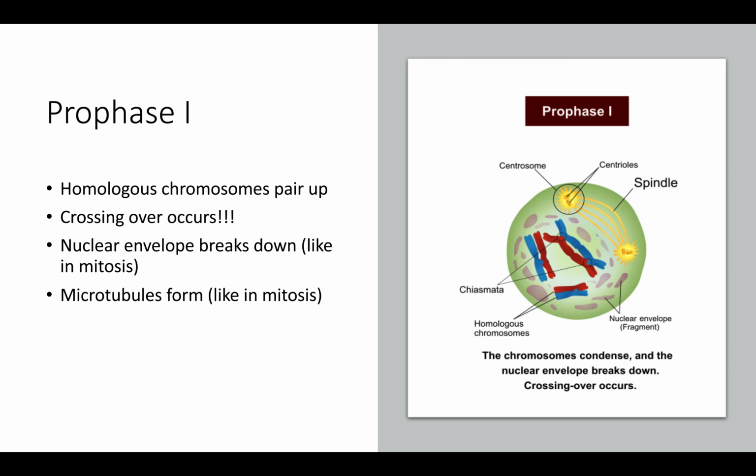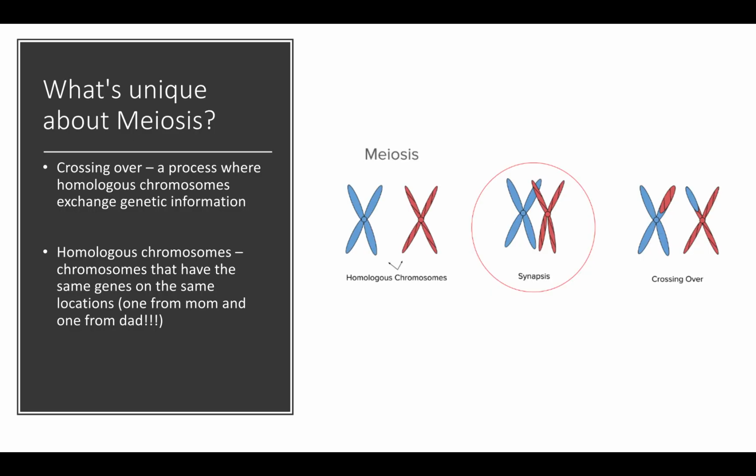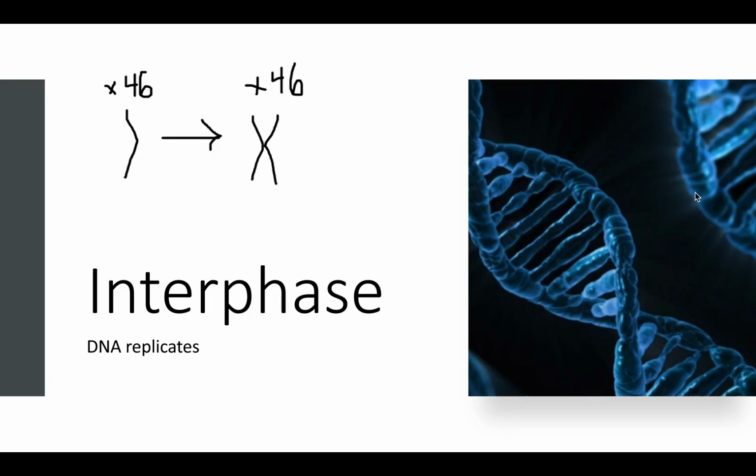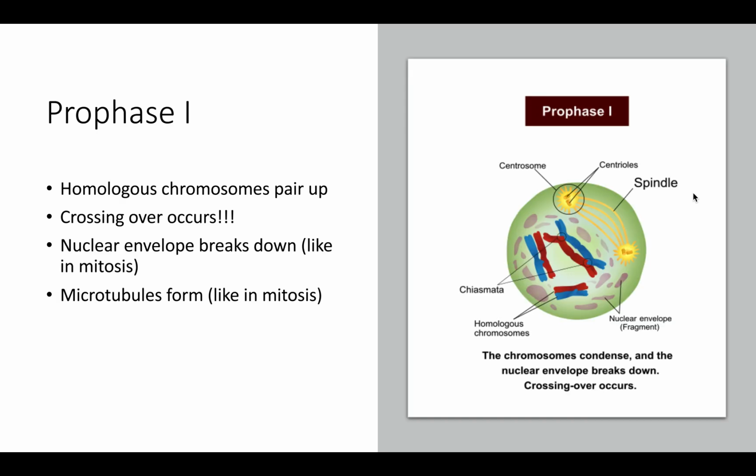So chromosome number 1 will find the other chromosome number 1, and they are going to pair up together, okay? They find each other, and this is when they actually exchange their genetic information, okay? So it looks like this process right here. The homologous chromosomes get together, exchange that genetic information, and then they're ready for the next phase, okay?